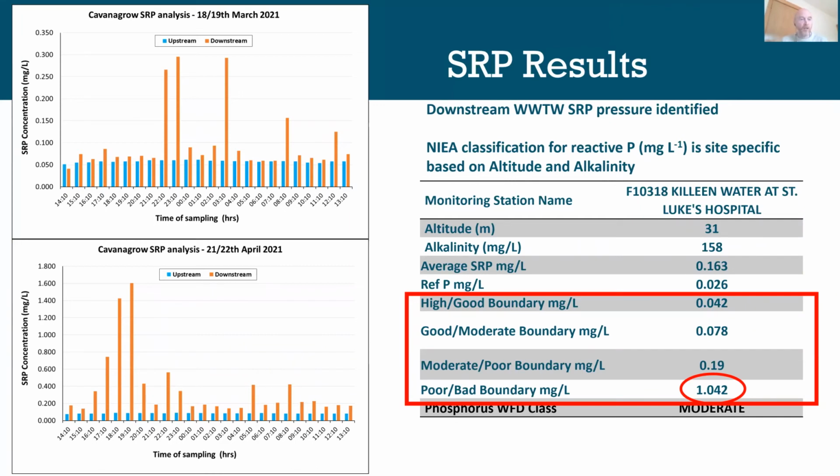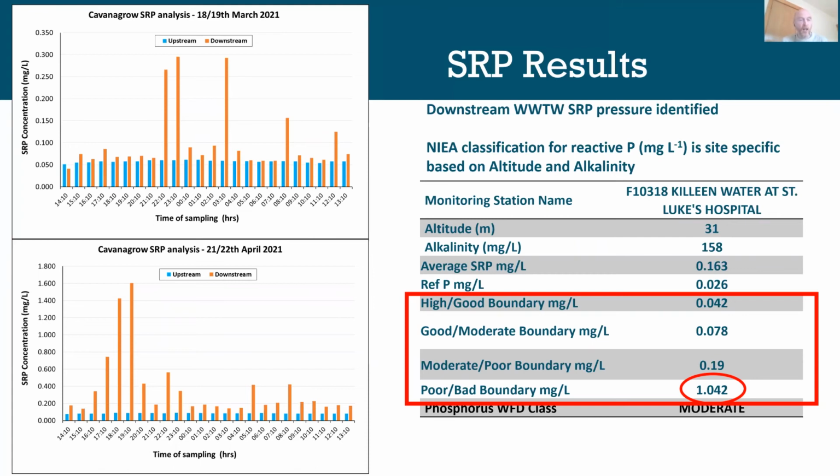If you look at the graph on the bottom left, the blue is the upstream and the orange is the downstream. When it was at low flow, we got a really high peak in phosphorus values in the stream.